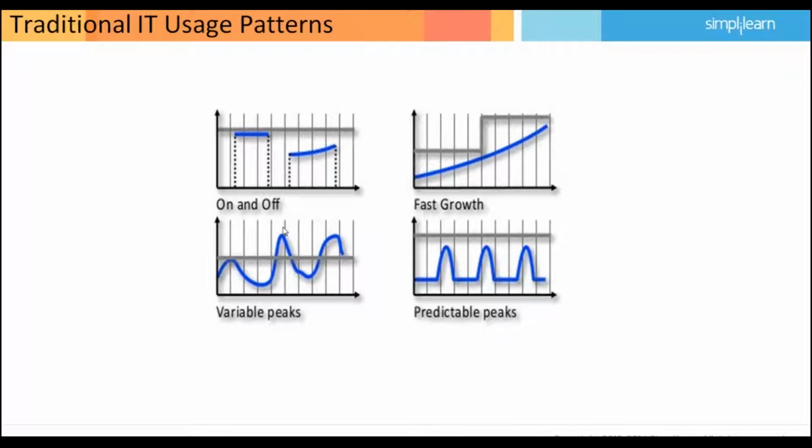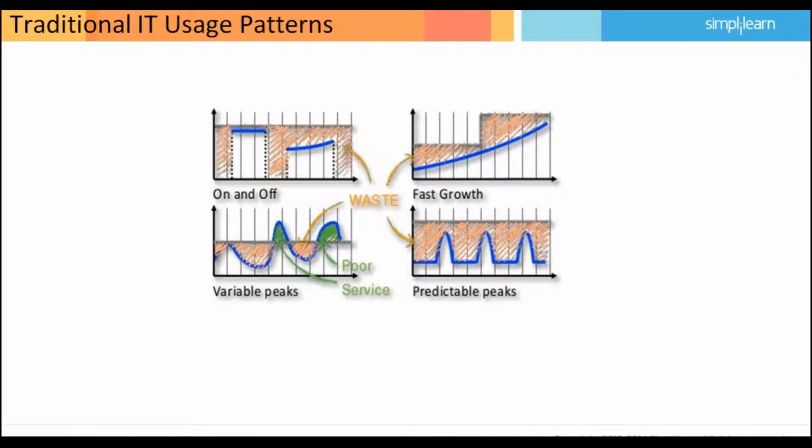And then there are predictable peaks. So you predict and you install a lot of hardware inside your data center or anywhere else, and you don't utilize it at all. So it's basically wasting resources. So what happens? You have a lot of wastage of resources in capacity. You're not utilizing a lot of hardware on one hand.